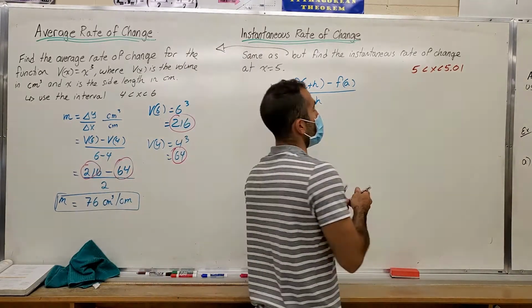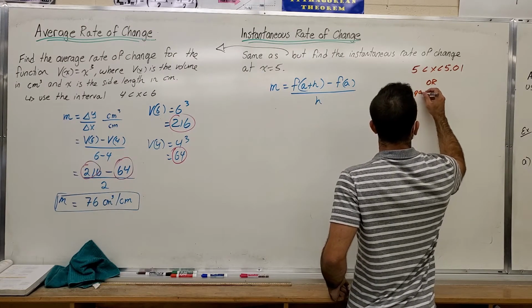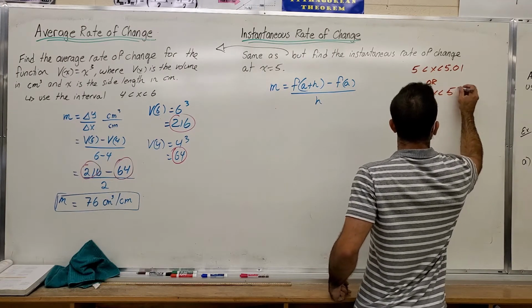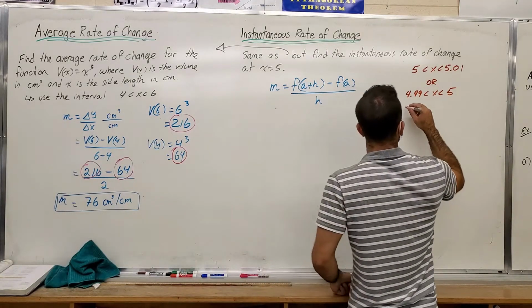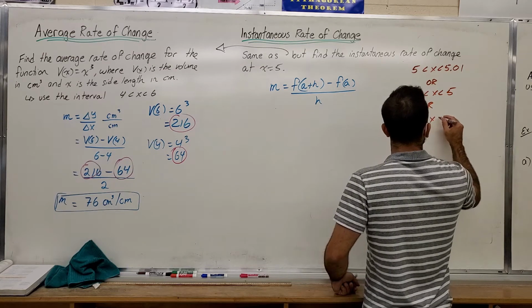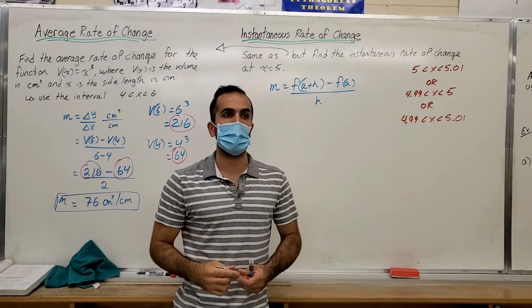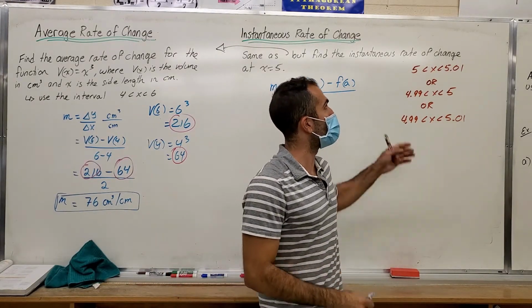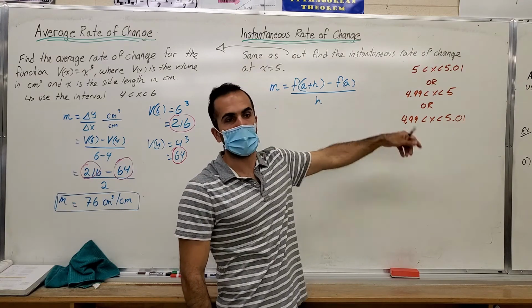Okay? Or you can do (4.99 to 5), or you can do 4.99 to 5.01. Okay, I'm going to get into these, but these are called preceding, centered, and following interval.